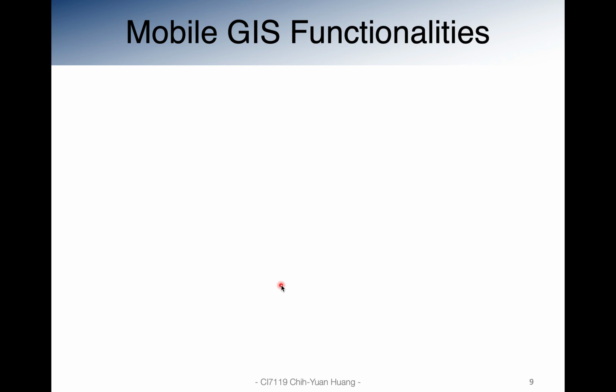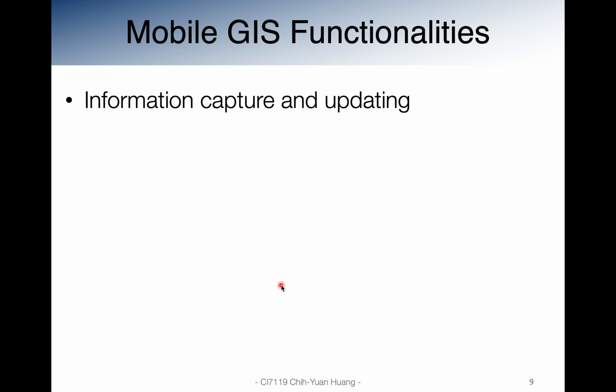So here, let me list some of the mobile GIS functionalities. When you implement a type of GIS on mobile devices, the device allows you to capture information using sensors from the mobile device, and also to upload or update that information to the server.